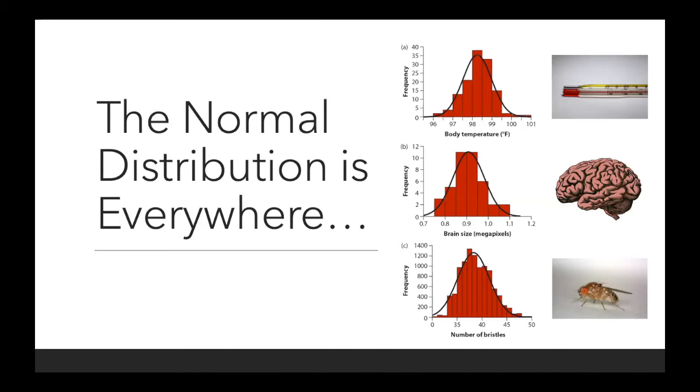A really wide range of variables tend to fall in this characteristic bell-shaped pattern. So if we look at an empirical distribution of body temperature or brain size or the number of bristles on the abdomen of fruit flies, we find that they all tend to follow this characteristic pattern that is really well fitted by a normal distribution shown in black here.